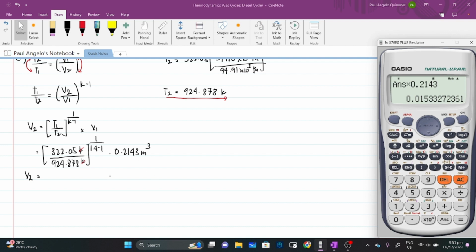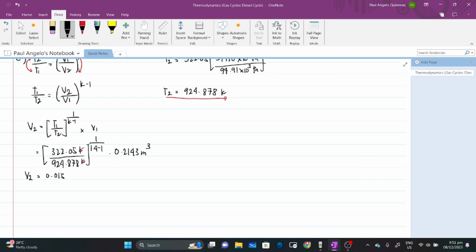So I have V2 of 0.0153 cubic meters. Okay? So that is V sub 2.